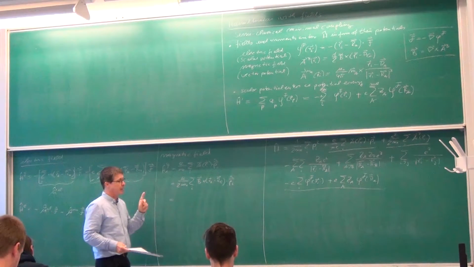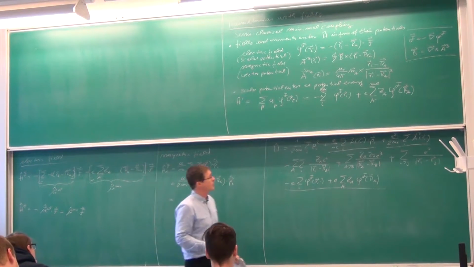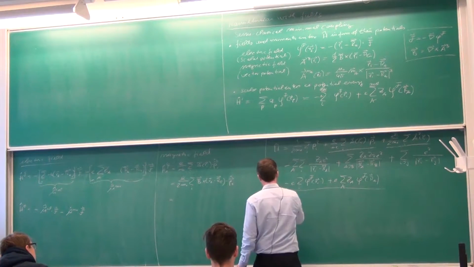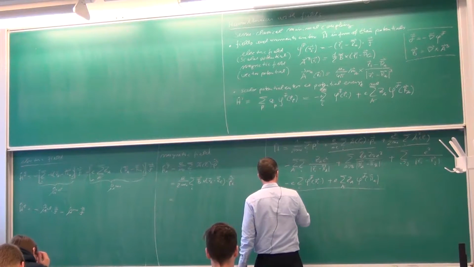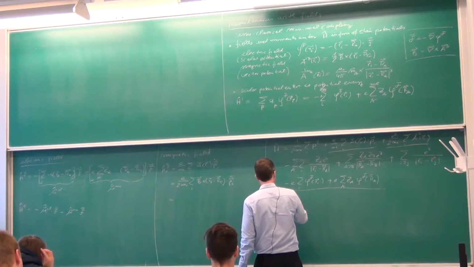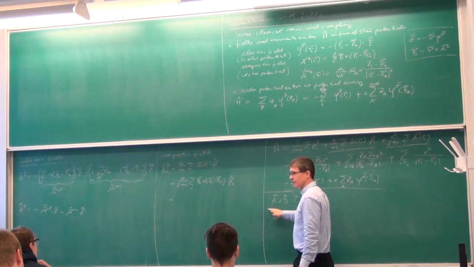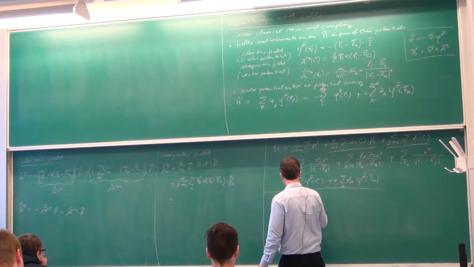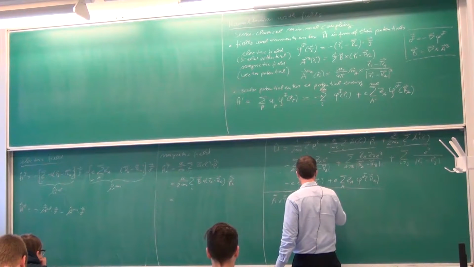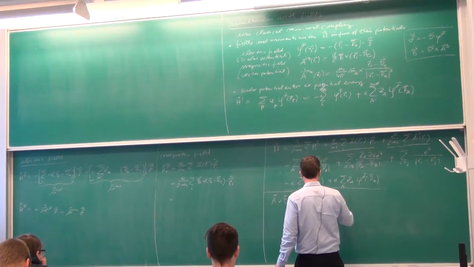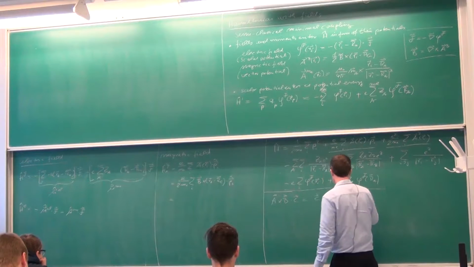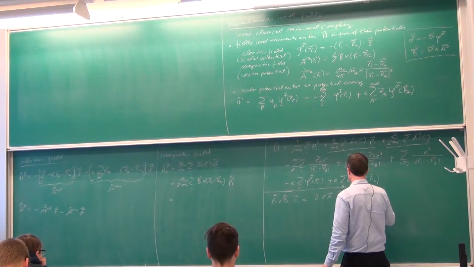But you have to be careful. If you just have the normal classical A cross B dot C expression, you can just cycle them around. So this is the same as C cross A dot B, the same as B cross C dot A, like this.